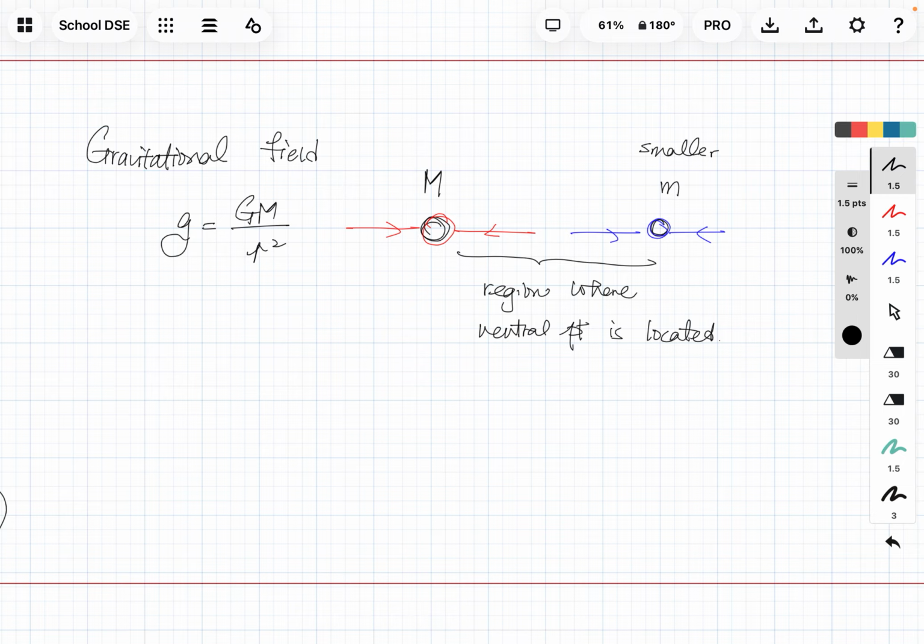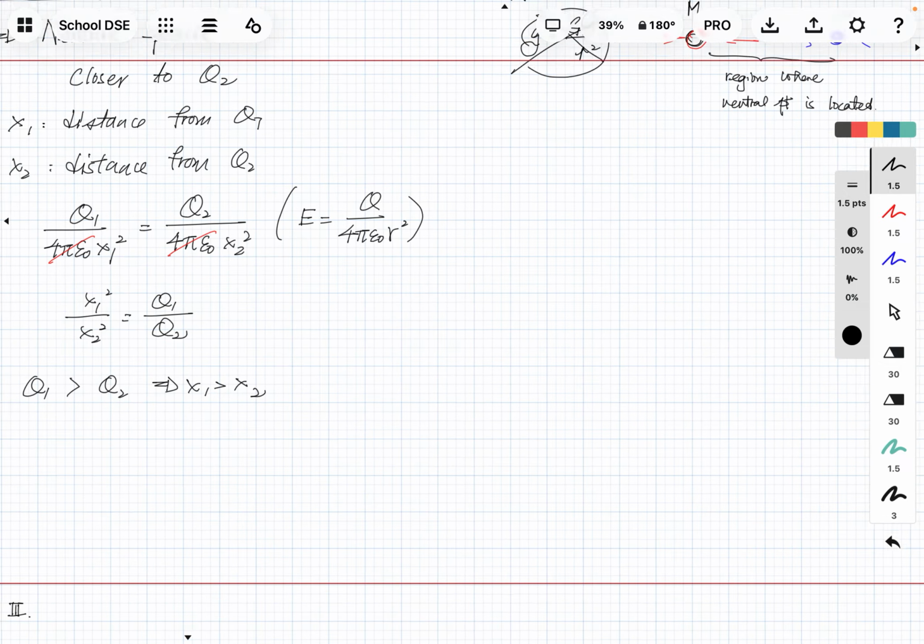In this case, I have the neutral points located on the right-hand side of the whole system, and it is closer to the current of a smaller size.